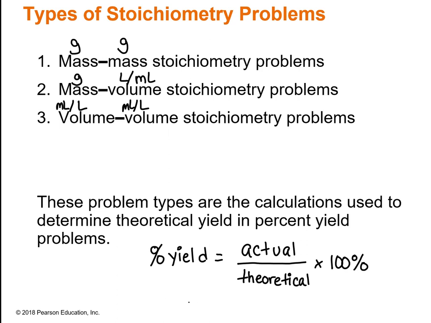The calculations that we're doing will give us the theoretical yield. So I could pair one of these problem types with a percent yield question to say, you're given this amount of substance, what mass of substance X will be made, and then part B would be, you actually obtained this many grams, what's the percent yield? So that's where we're going with this.